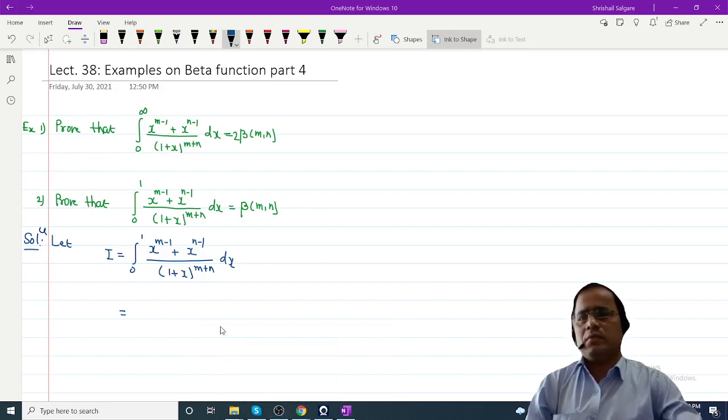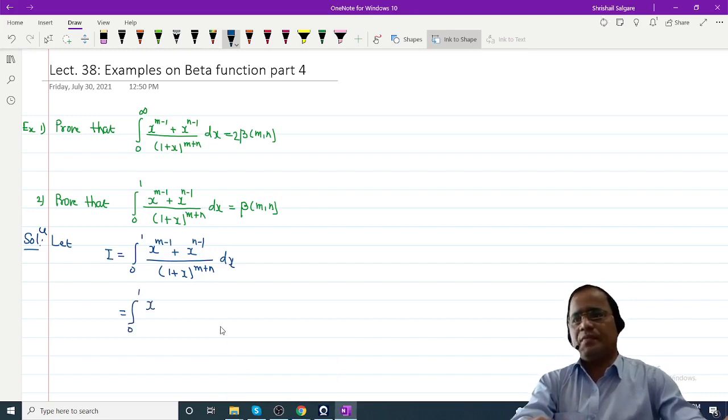You have to use the linearity property. This can be written as a sum of two integrals: the integral from 0 to 1 of x raised to m minus 1 divided by 1 plus x raised to m plus n, dx, plus the integral from 0 to 1 of x raised to n minus 1 divided by 1 plus x raised to m plus n, dx.